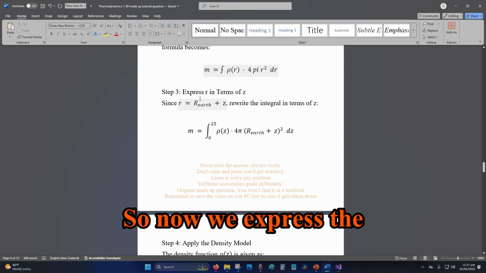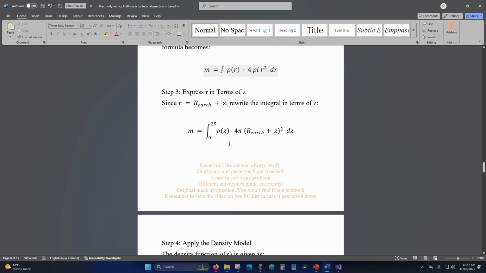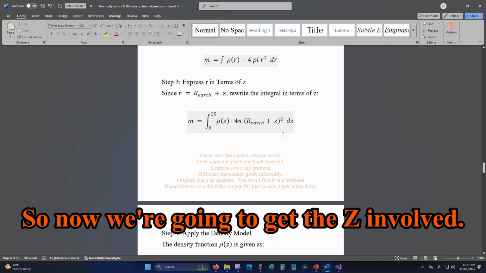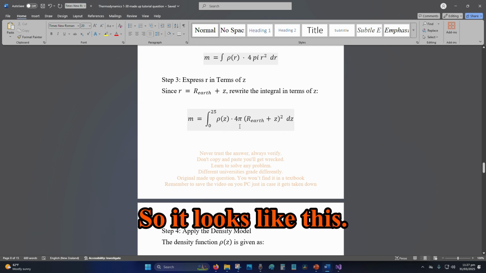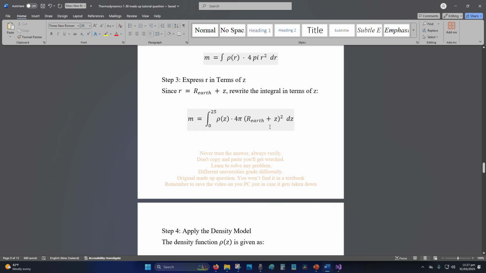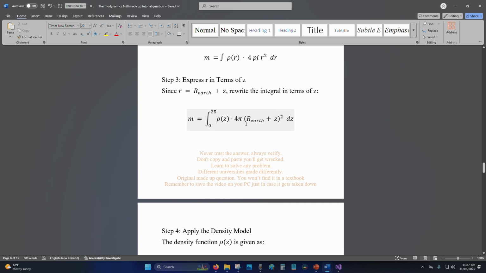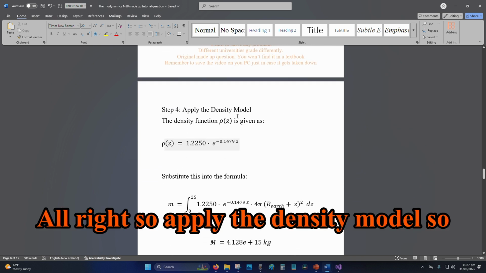So now we express the radius in terms of elevation. So now we're gonna get the z involved. So it looks like this. So basically we just substitute it in for r squared. That's what they're doing. Alright, so apply the density model.